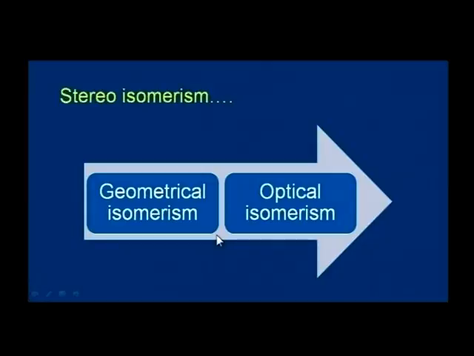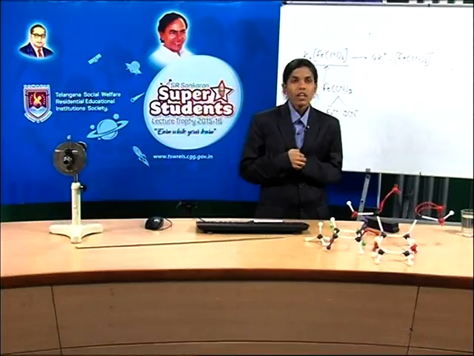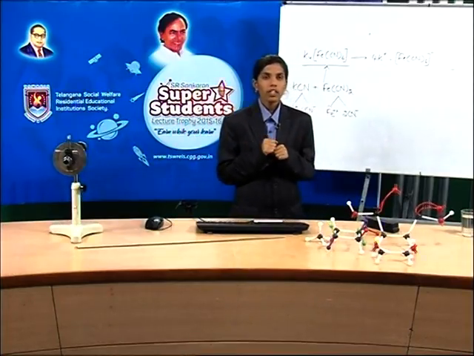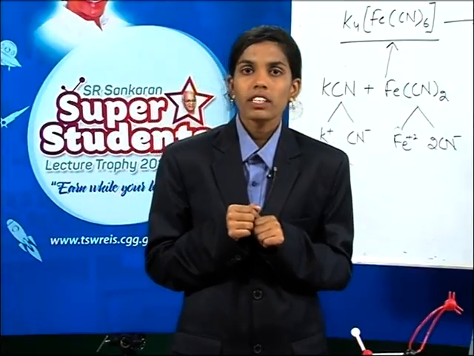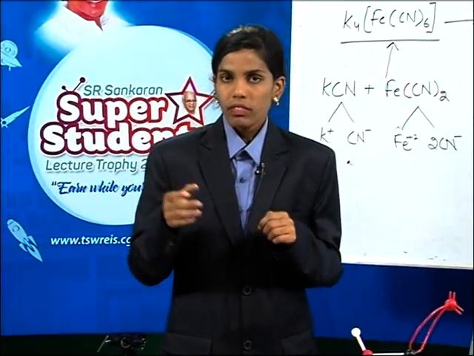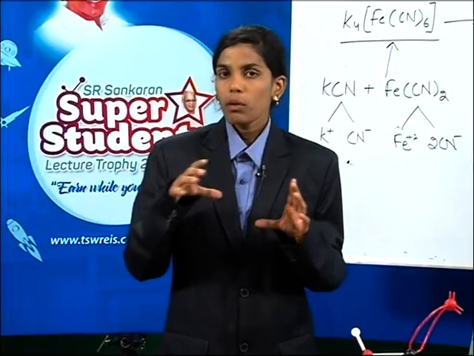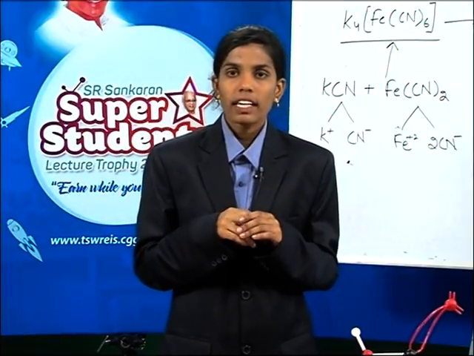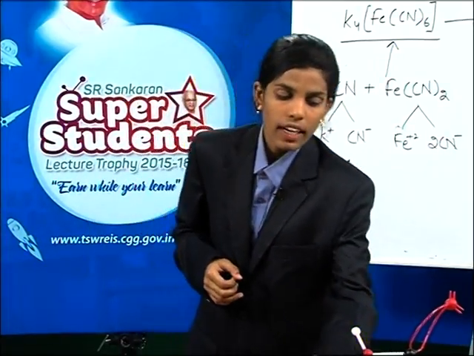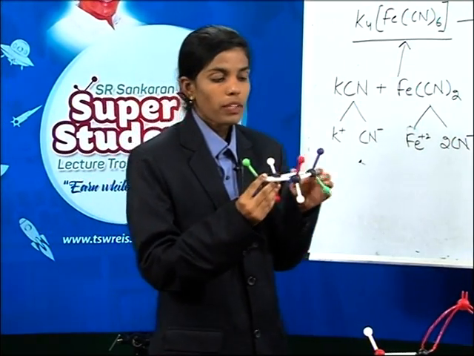Here, friends, geometrical isomerism arises when two compounds have the same molecular formula but they differ in the ligands which are bound to the central metal atom. Friends, here we can see an example for geometrical isomerism.